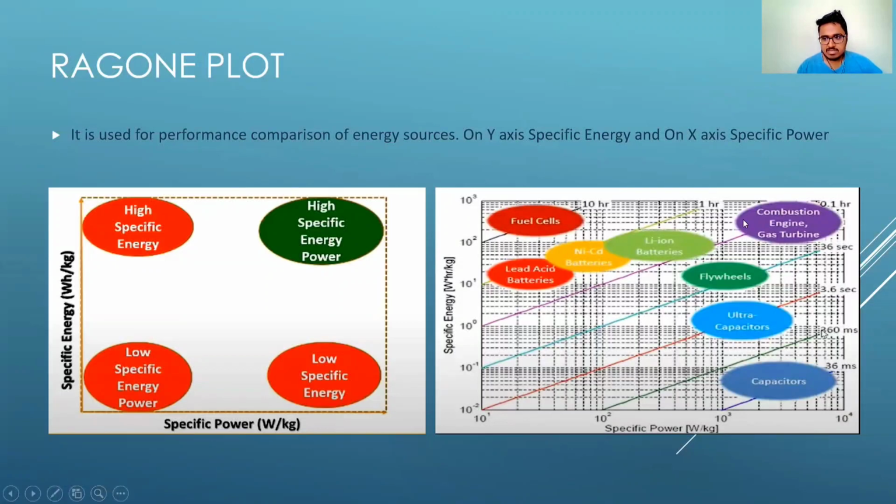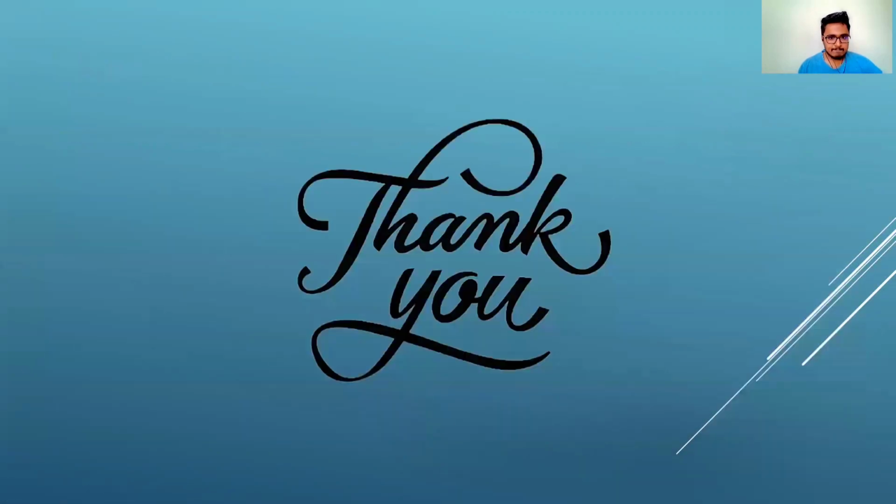The combustion engine lies in the extremely desirable category, with a high specific power and a very high specific energy. Coming to flywheels, ultracapacitors, and capacitors, each one of them has low specific energy, thus it is not suitable. Thank you.